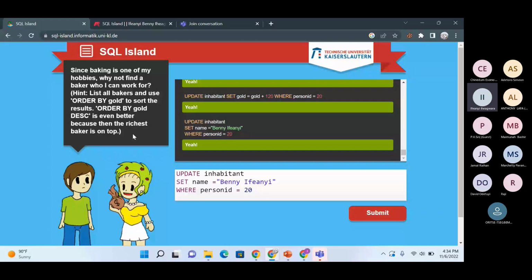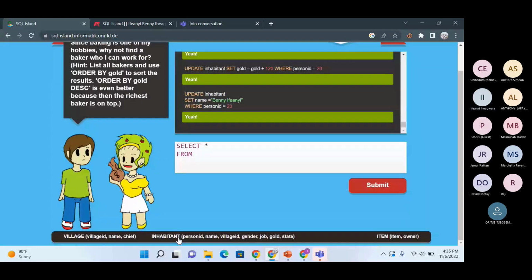So to find out who's the most paid baker in town, we're going to want to get a list. So we need to use the select clause. We want to select from the table that has everybody's jobs, the inhabitants table, where the person's job is equal to baker.